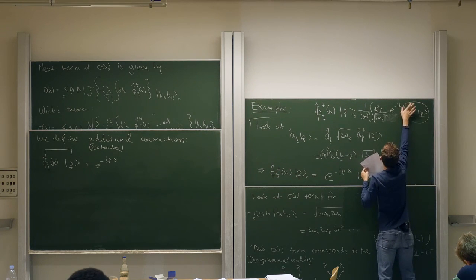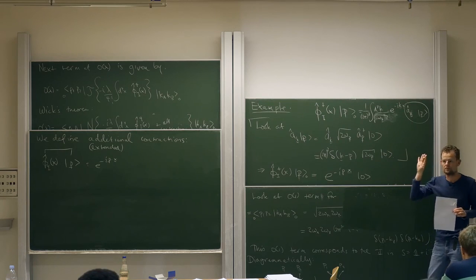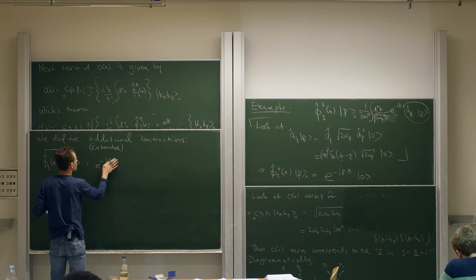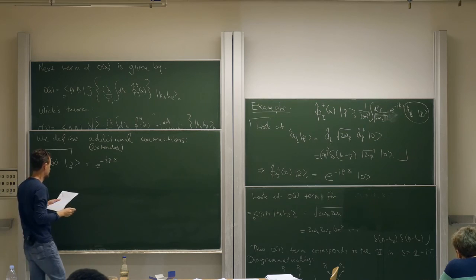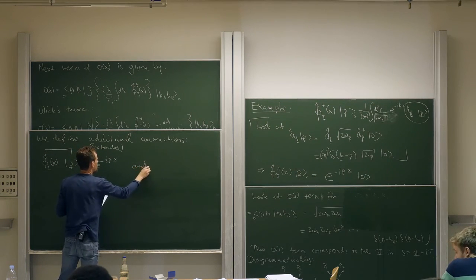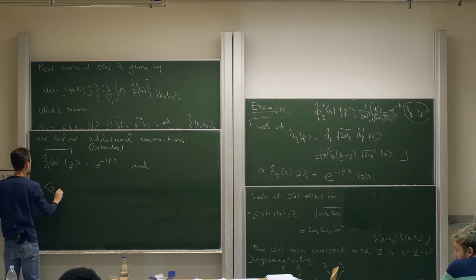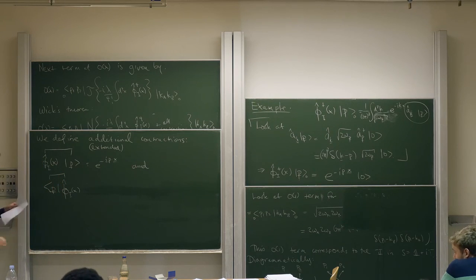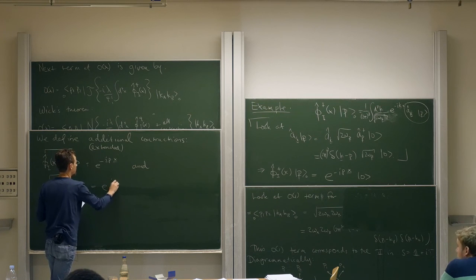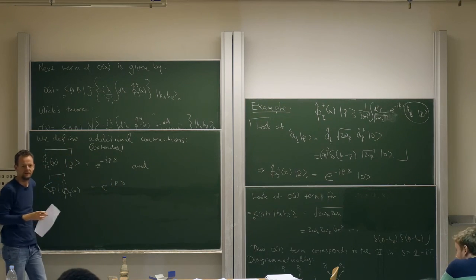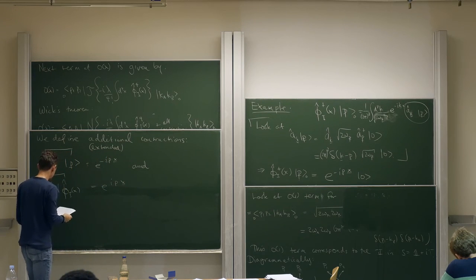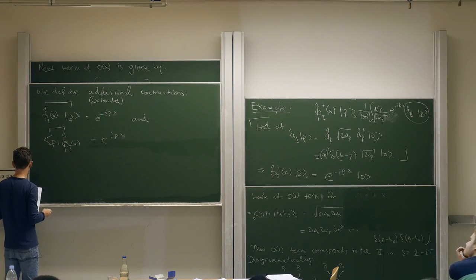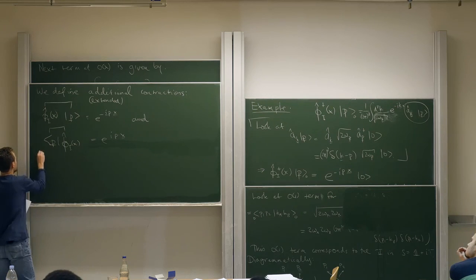That's a 4-vector, not a 3-vector. Similarly, we can define a contraction with a bra as e to the i p dot x.